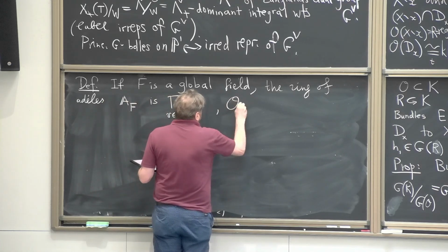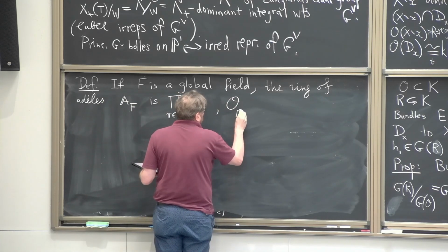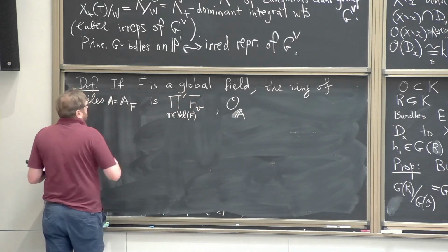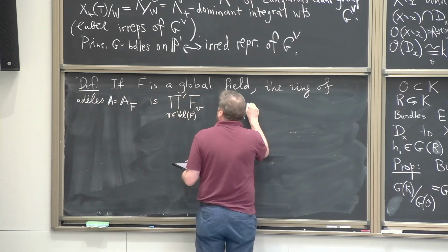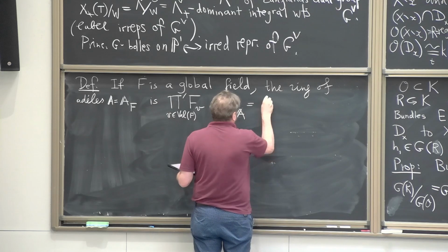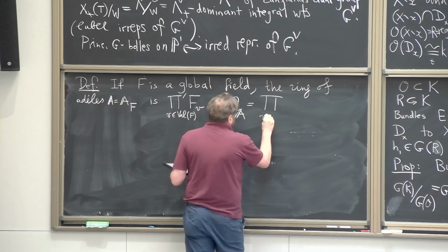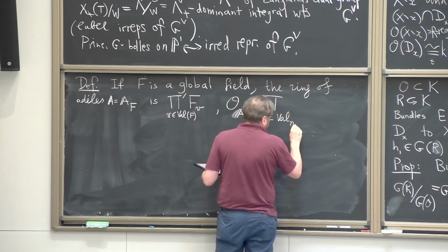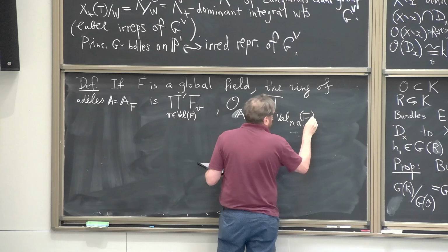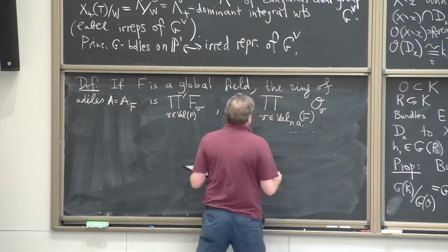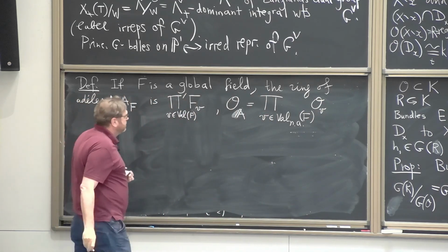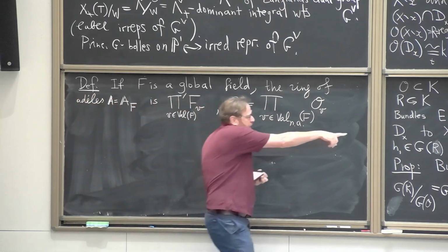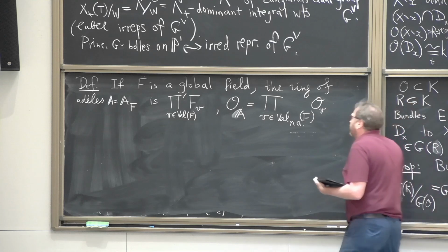And then let us call it A, and O_A is the product over V in non-Archimedean valuations of F of O_V, the rings of integers in non-Archimedean fields F_V. In the function field case, all valuations are non-Archimedean, so you don't have to worry about it.